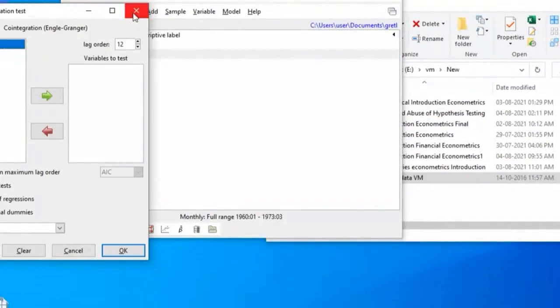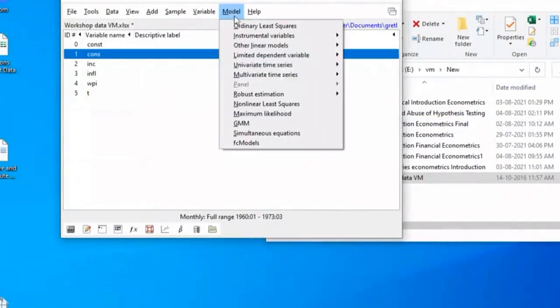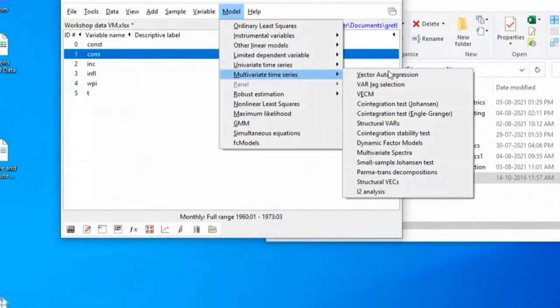Therefore, it is better that we find the optimum lag of the vector autoregression. So first we go to the model, multivariate time series. Here we have the VAR lag selection, vector autoregression lag selection, and this optimum lag we can use in our subsequent cases.